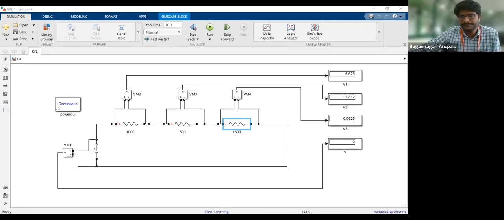Someone sharing me? Do you have any circuit for mesh analysis?